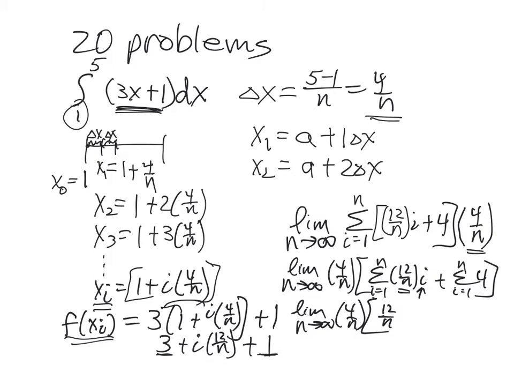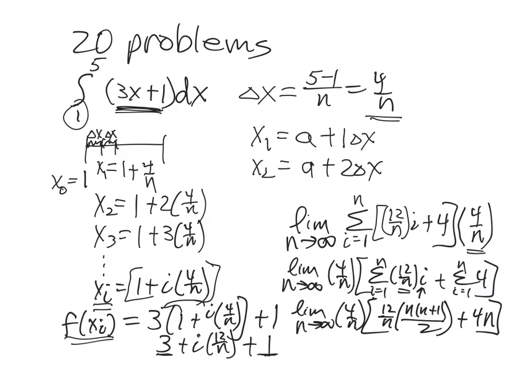And at this point, summation of i, when we go directly to the formula, would be what? n times n plus 1 over 2. And then the formula for summation of 4 would be what? 4n. Okay. And now lots of algebra, a little bit simpler than some of them we did on the worksheet.